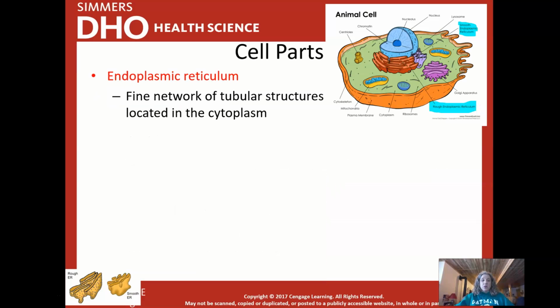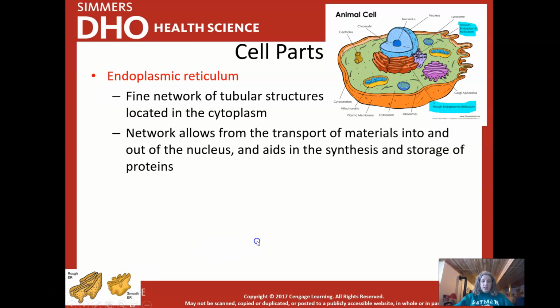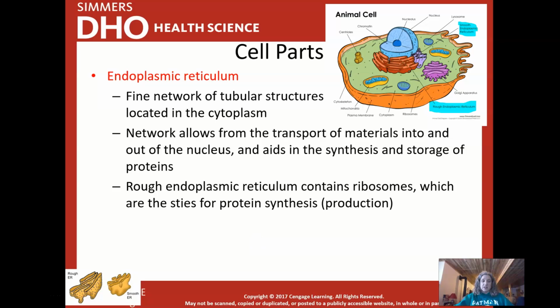And then you have your endoplasmic reticulum, which is a fine network of tubular structures located in the cytoplasm. Here you have one in this purple. Here's another example down here of what they look like. The network allows for the transport of materials into and out of the nucleus and aids in the synthesis and storage of proteins.